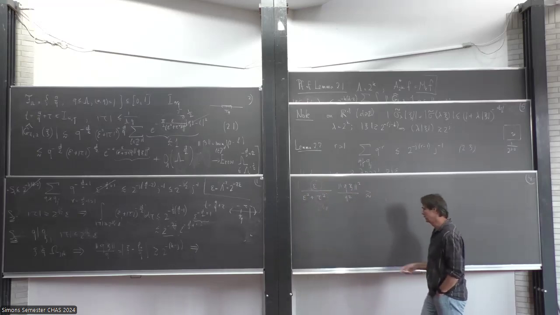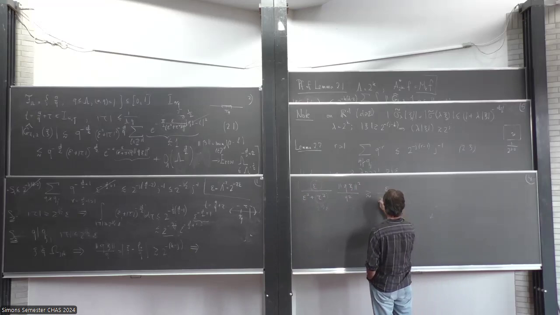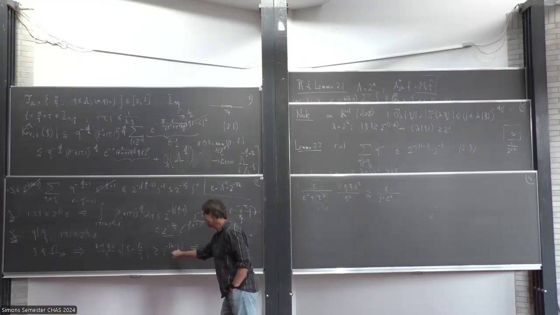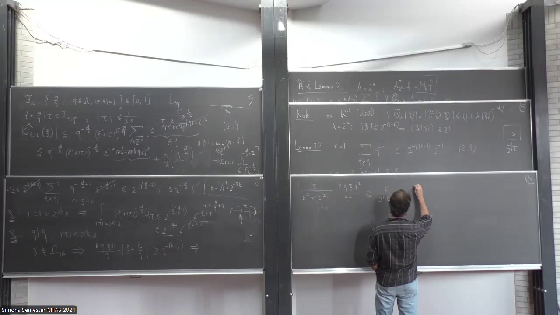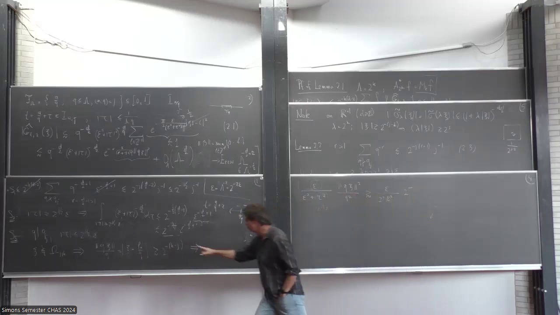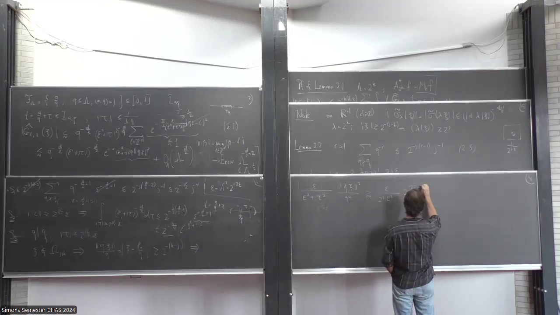So the denominator is bounded by 2 to the j epsilon squared. So this will be bigger than epsilon, 2 to the j epsilon squared, times the square of that. So 2 to the minus 2k minus 2j, so maybe I write this as 2 to the j minus k, so that's 2 to the 2j minus 2k.